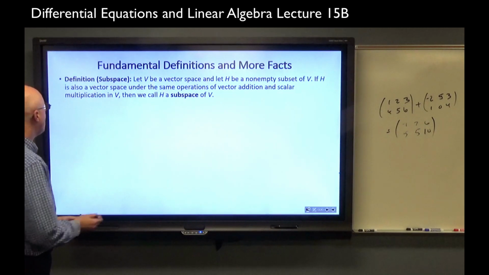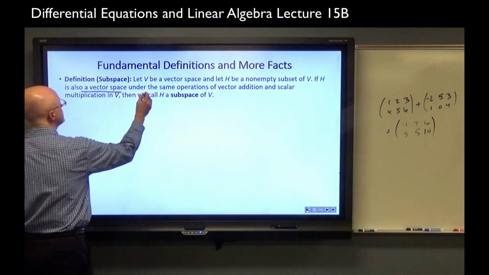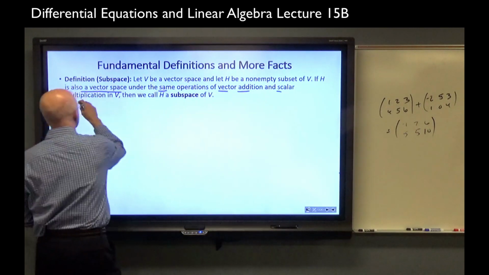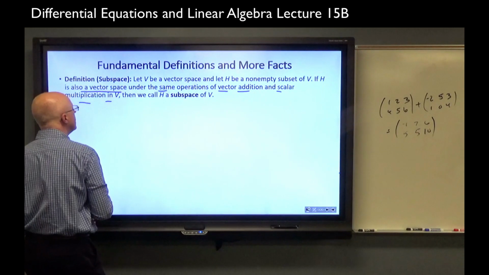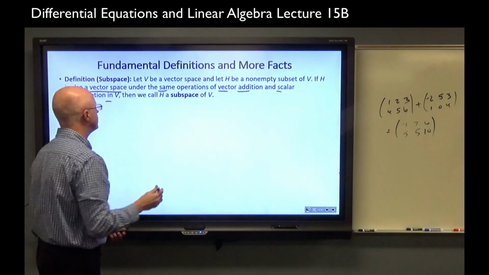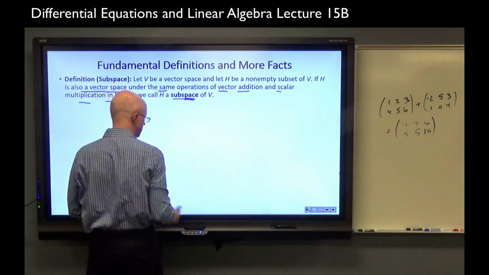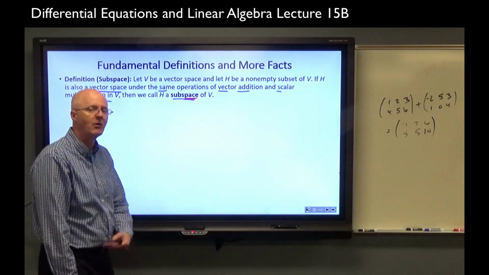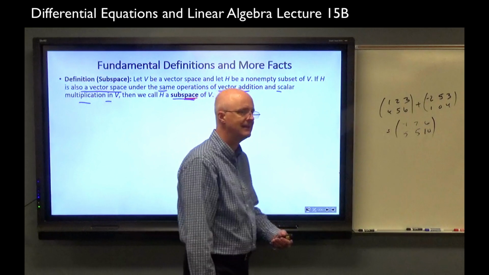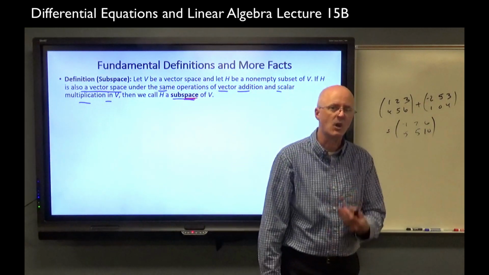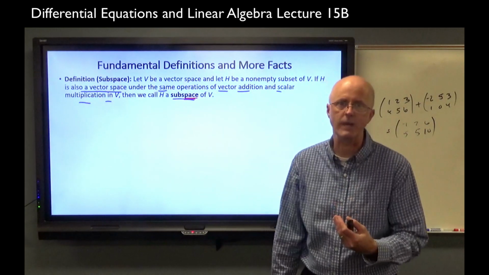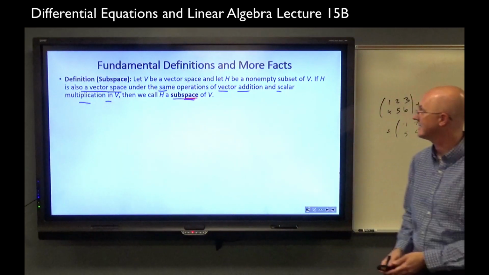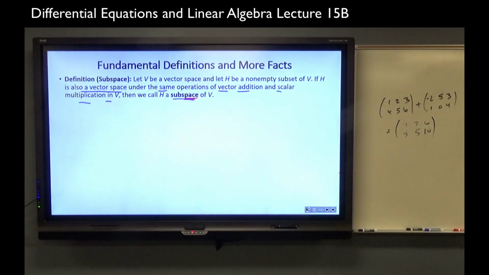If H is also a vector space, under the same operations of vector addition and scalar multiplication that are defined in V, then we say H is more than just a subset of V. It's called a subspace of V. It's also a vector space in its own right. So we add the extra word space in there and call it a subspace rather than a subset.